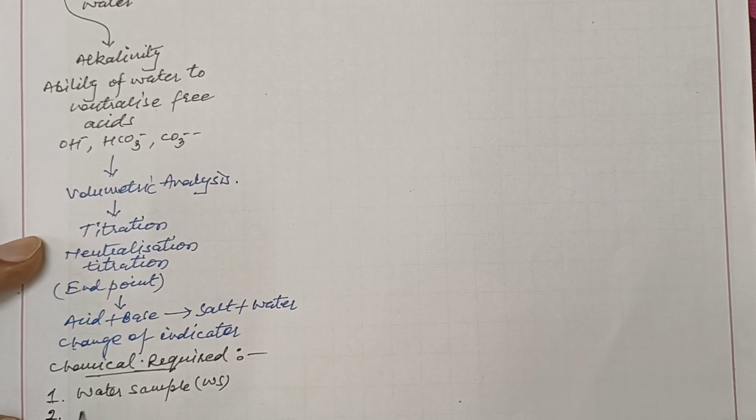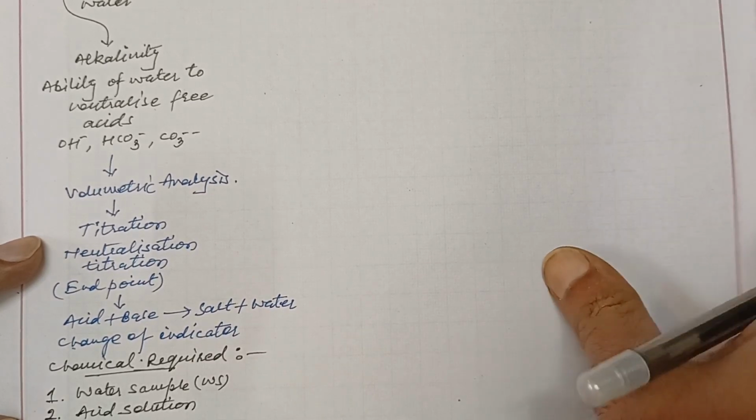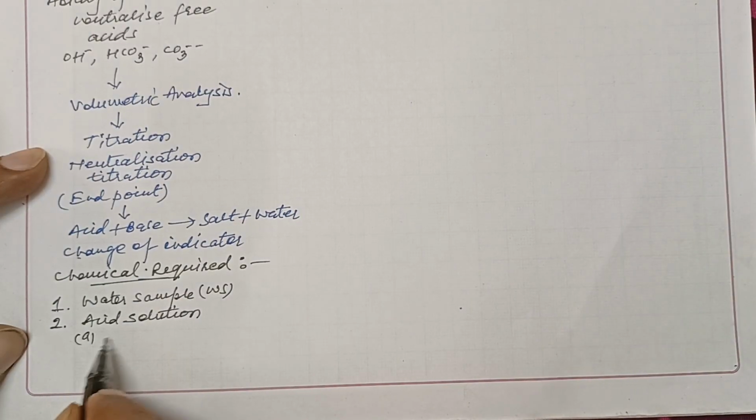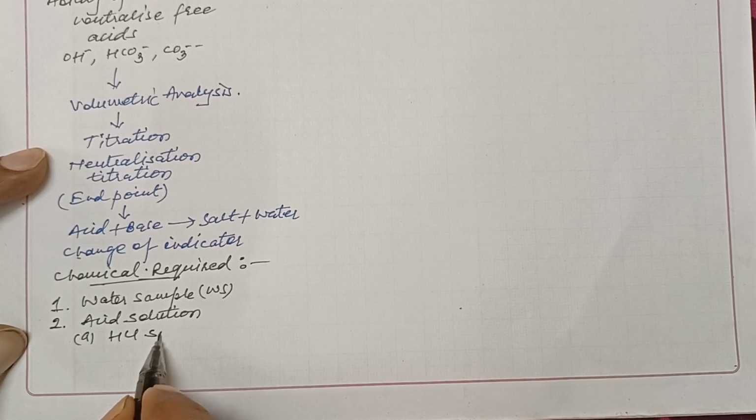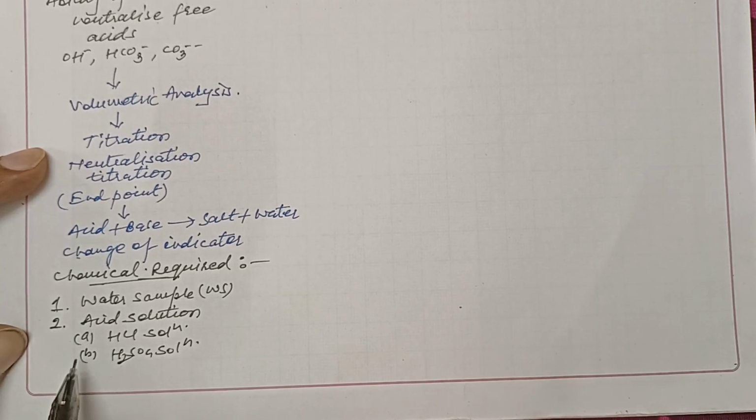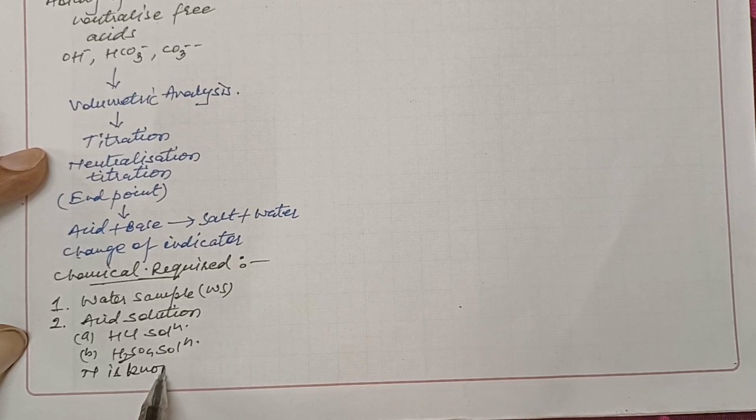Number two is acid solution. Acid solution means whether it is HCl solution or H2SO4 solution. The normality of these acid solutions is known to us. Normality is already known.